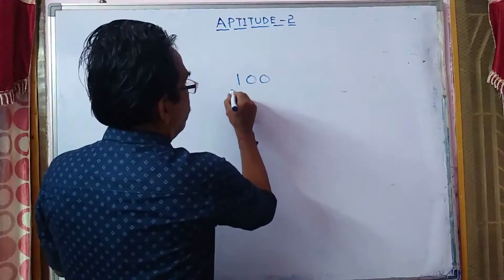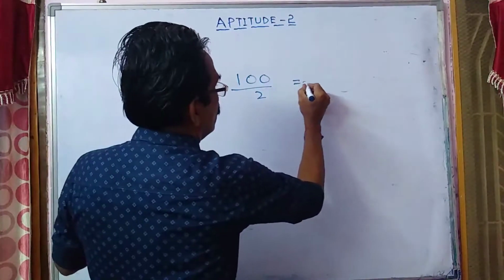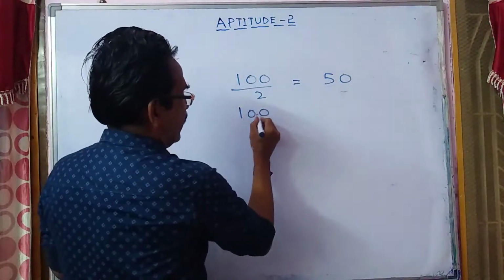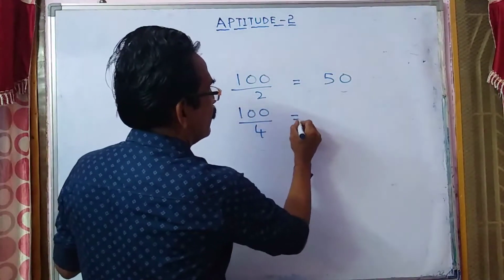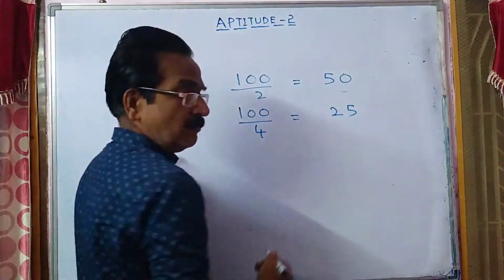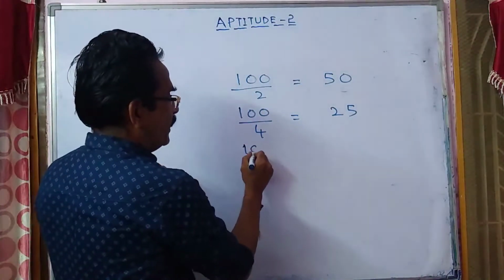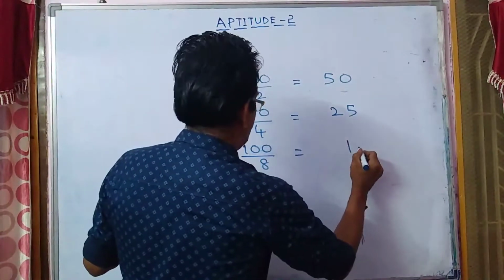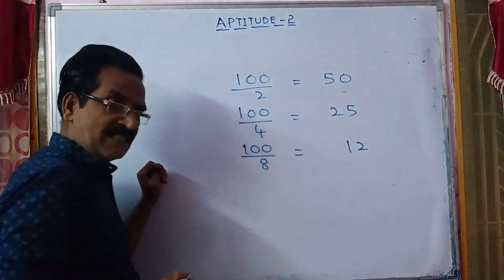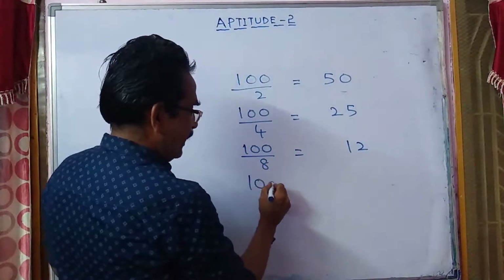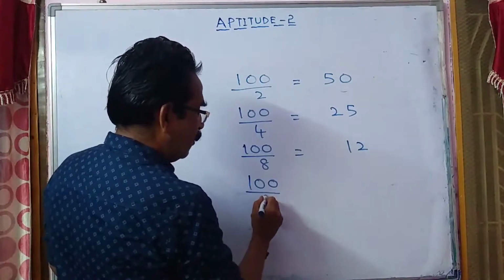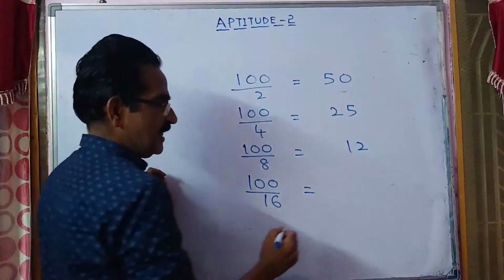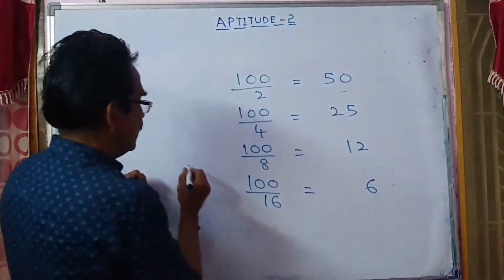100 by 2, 50. Now 100 by 2 square, 25. Now 100 by 2 cube, 8 twelves, 12 eights are 96, so 12. 100 by 2 power 4, 16, 16 sixes, so 6.